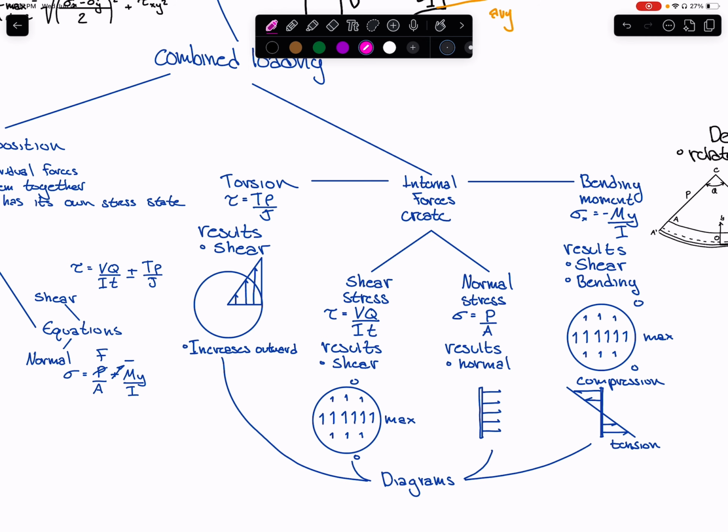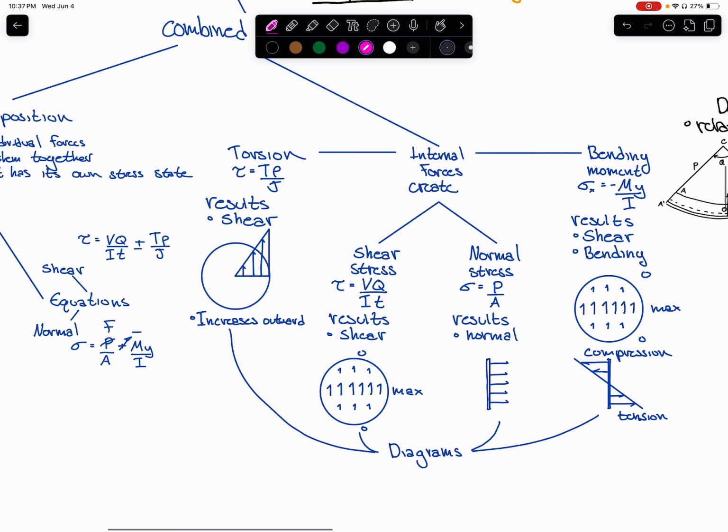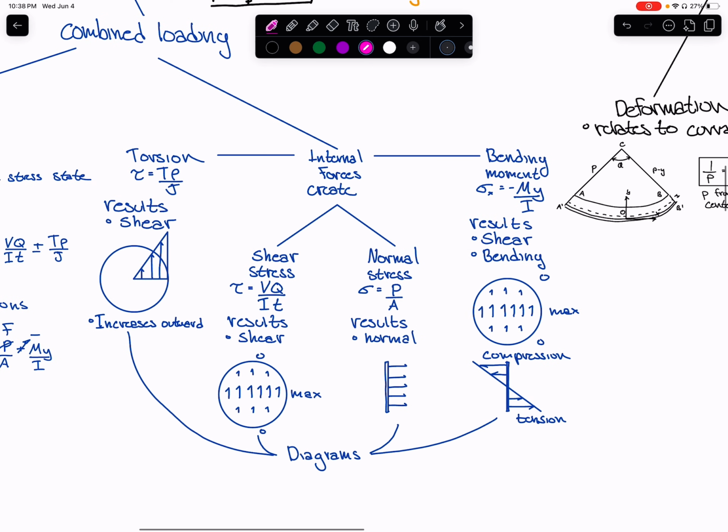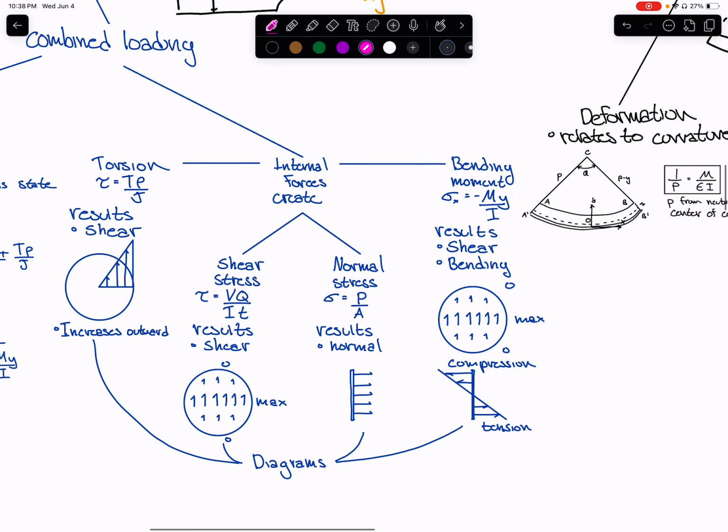So we can see for torsion, it results in shear, which increases outward, finding its max at the outside or max radius. For shear stress, again, these are all on a circular solid, we see that the max shear is at the center of the circle, with no shear on the top and bottom. For normal stress, in this case, it is uniform.